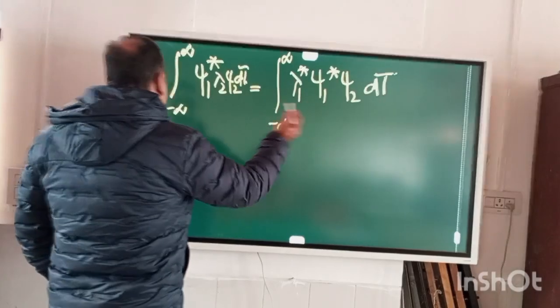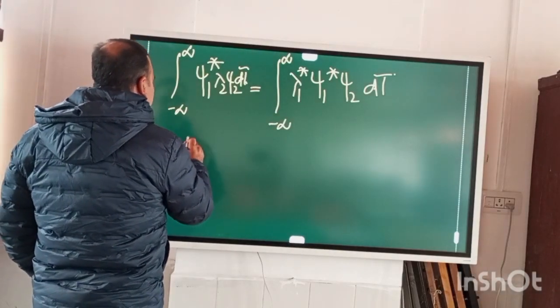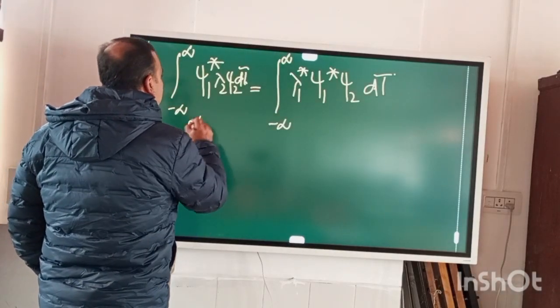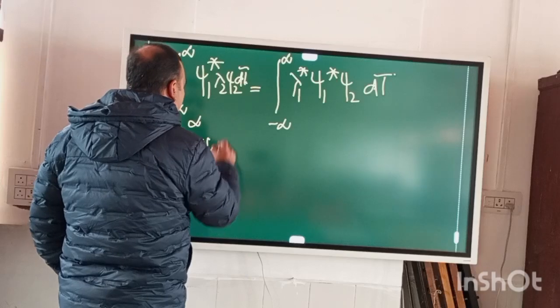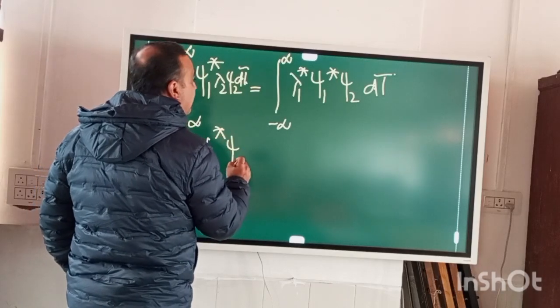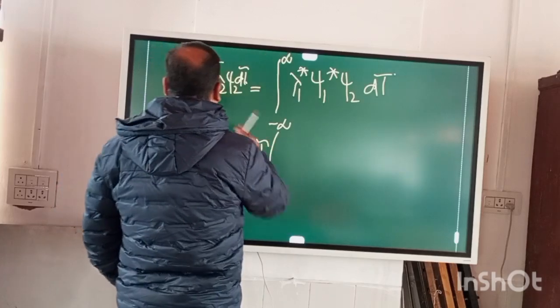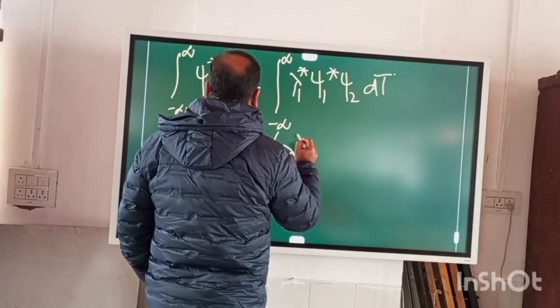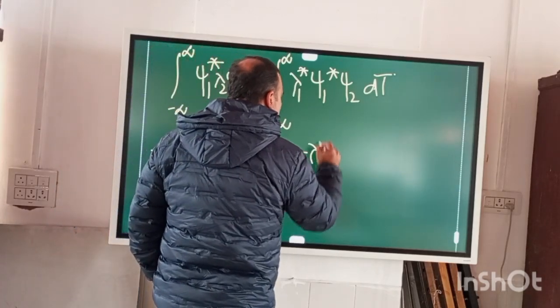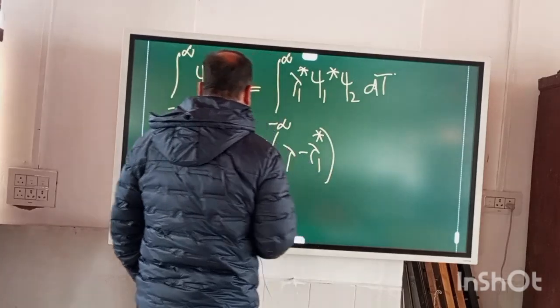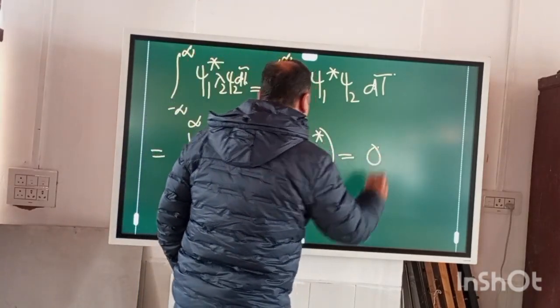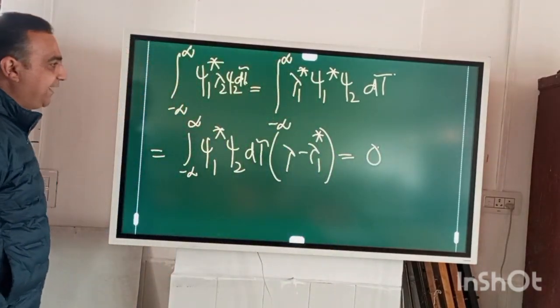I can transform the right hand side and the left hand side, and what I get is the integral from minus infinity to infinity of psi1 star psi2 d tau times lambda 2 minus lambda 1 star is equal to 0.